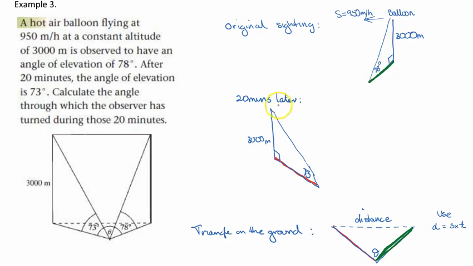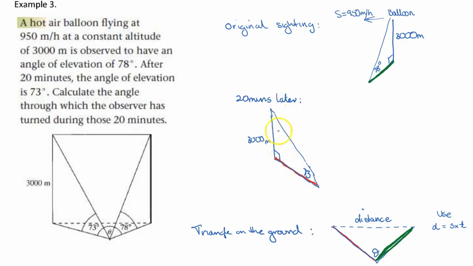The second triangle represents 20 minutes later, and you can see we still have an altitude of 3,000 metres, and an angle of elevation now of 73 degrees.